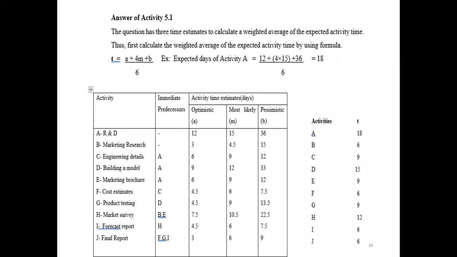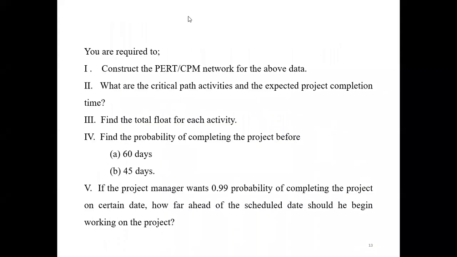Now we'll do the answer. First, I have retyped this chart to make it easier to understand. Before drawing, the first thing is to construct the PERT and CPM network diagram.